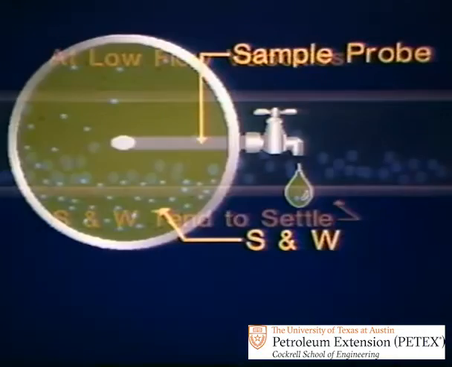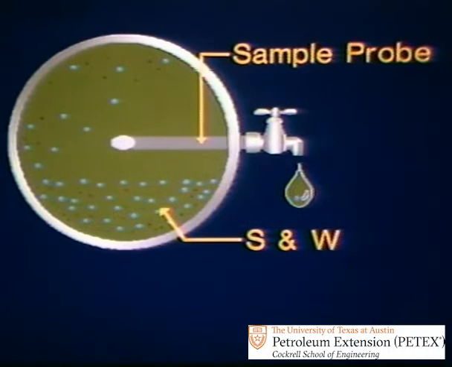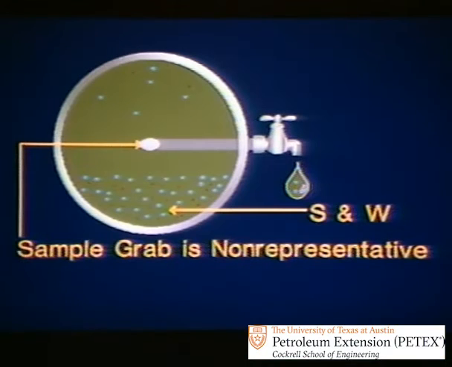However, the sample probe, a small diameter length of pipe that grabs the sample, is usually placed near the center of the line. Now, with dense components like S&W concentrated near the bottom, a sample grab taken at center is non-representative. It contains less than the average amount of S&W.